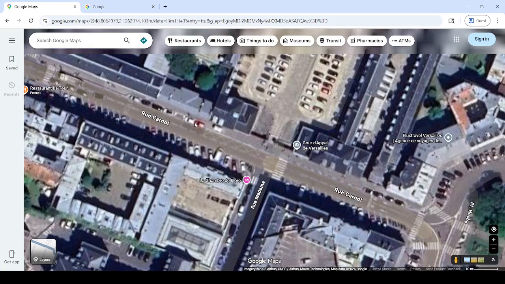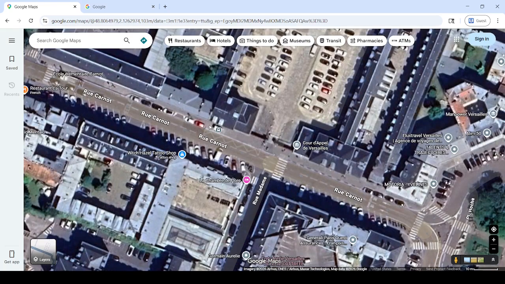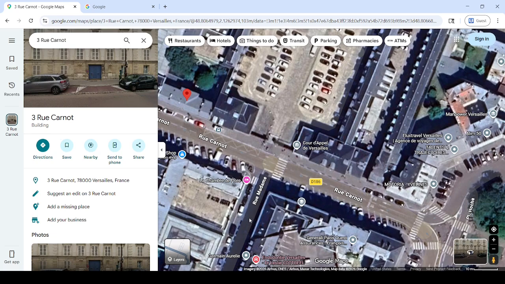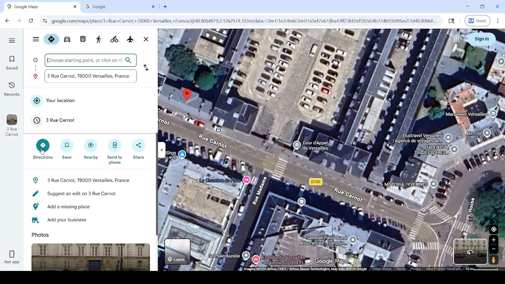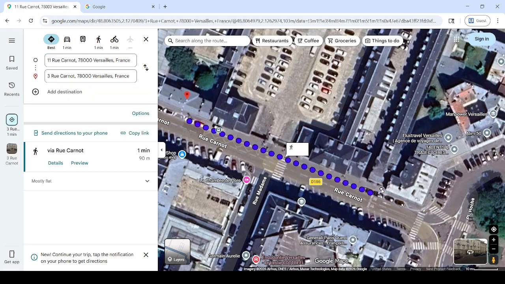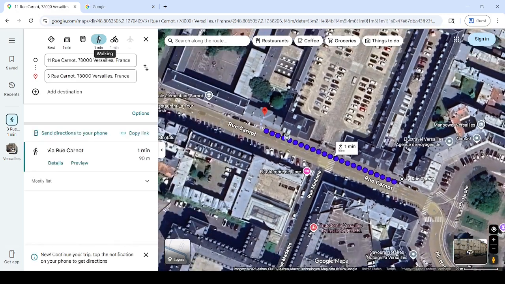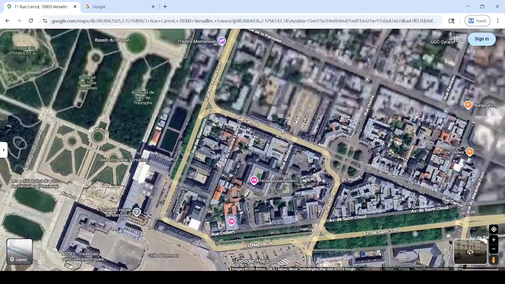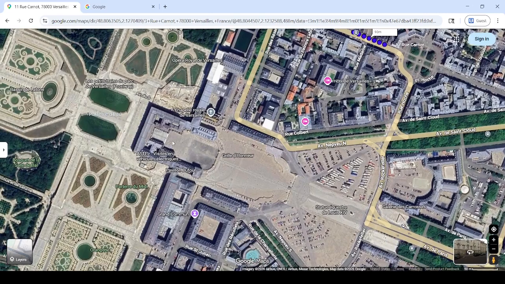Another way that you can do a little bit of estimation for the size of buildings is by setting a couple of points on the map and then seeing what the distance is between them. In this case, there's this building that I'm going to do, and see, they're about 90 meters. It's actually more like 110 from edge to edge, but it's a good way of just getting an idea of what the size is of different structures.